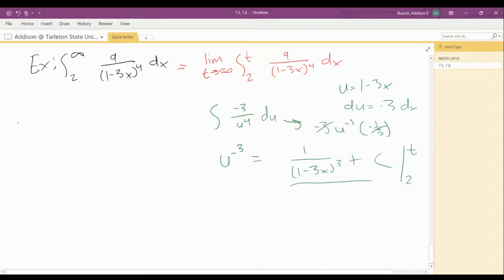So we have our limit as t goes to infinity of 1 over 1 minus 3t cubed minus 1 over 1 minus 3 times 2 cubed as well.